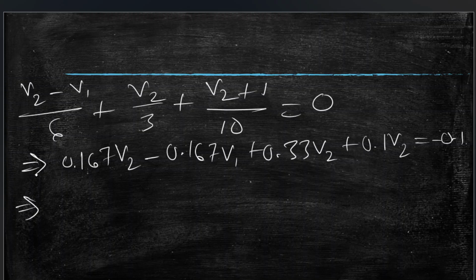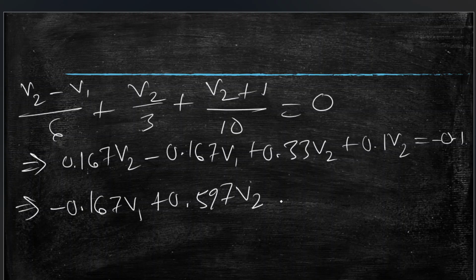Now bring V1 to the front: minus 0.167 V1 plus (0.167 plus 0.33 plus 0.1) V2, so 0.597 V2 is equal to minus 0.1. So that's our equation 2.